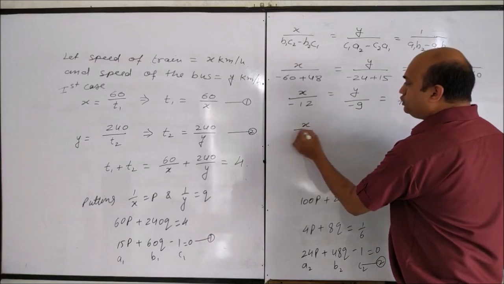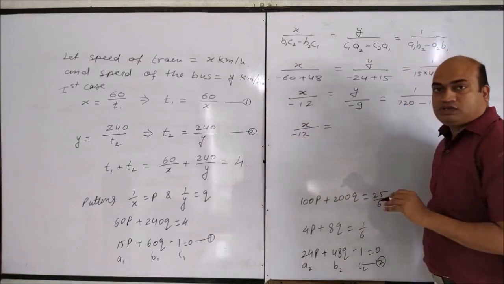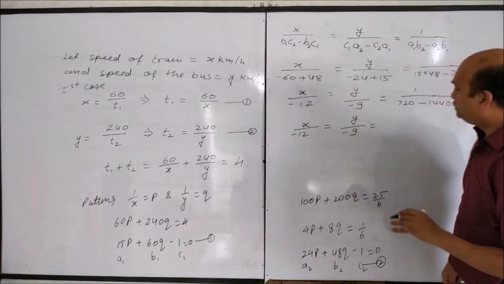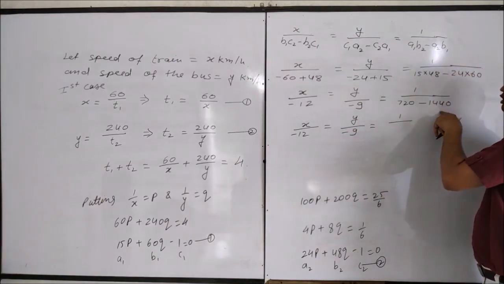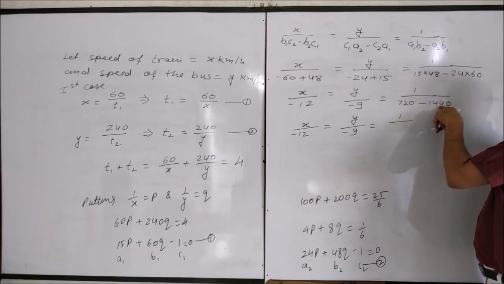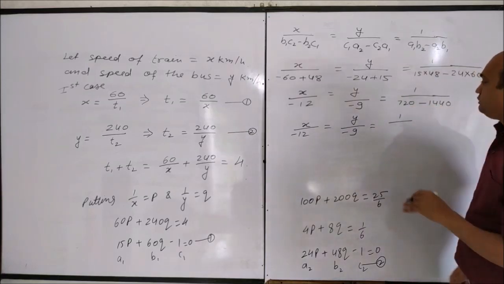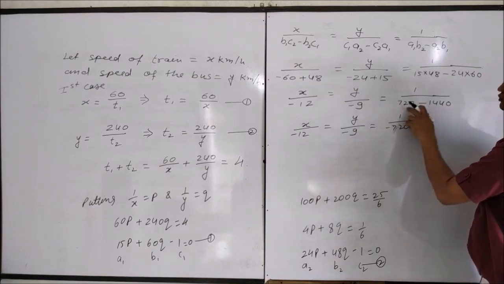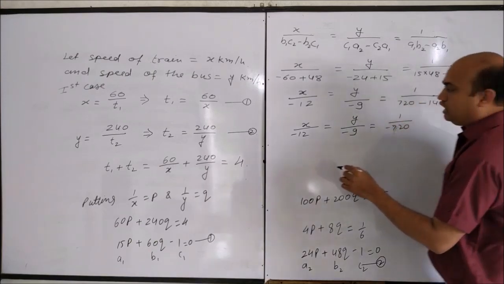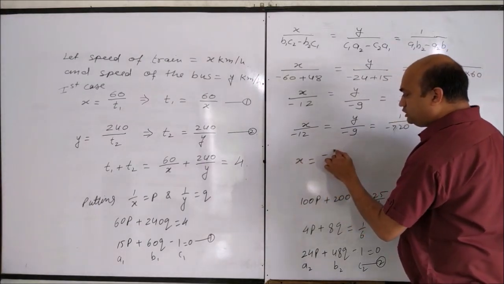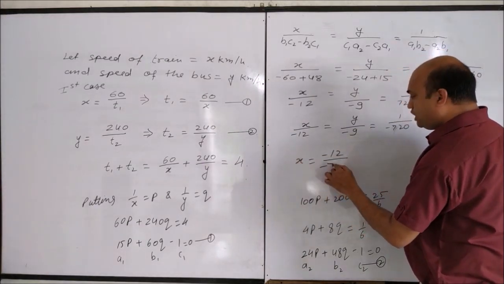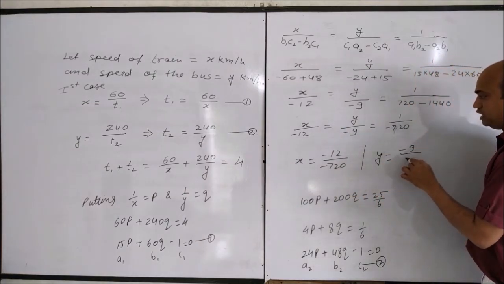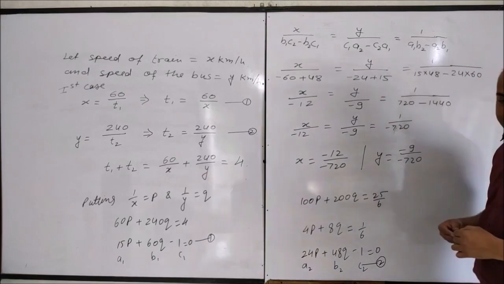Now you see, it will be x upon minus 12 is equal to y upon minus 9 is equal to 1 upon, from 720, 1440 we subtract, we will get minus 720. And x we will get minus 12 by minus 720, and y we will get minus 9 by minus 720.